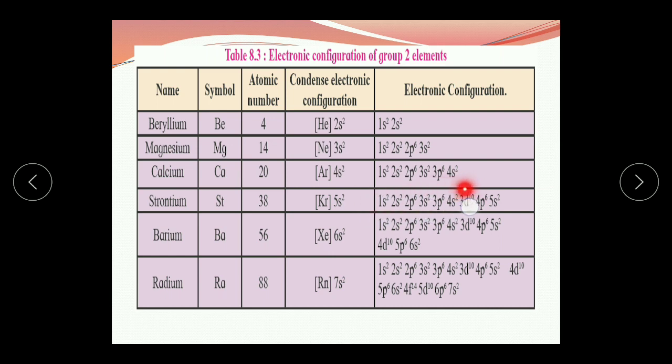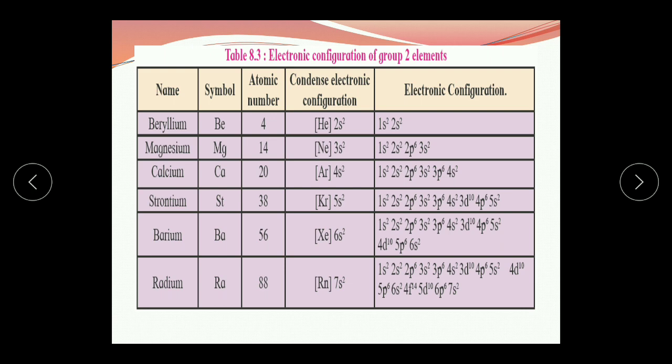The last shell has the biggest principal quantum number, the nth shell, the ultimate shell. Strontium is krypton 5s2, barium xenon 6s2, radium radon in square bracket 7s2. So this is the general, detailed as well as condensed electronic configuration of both groups.